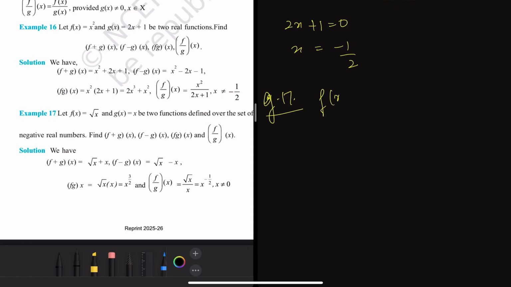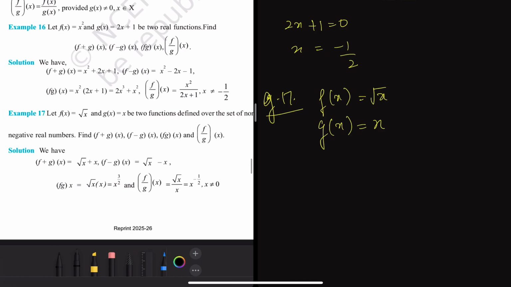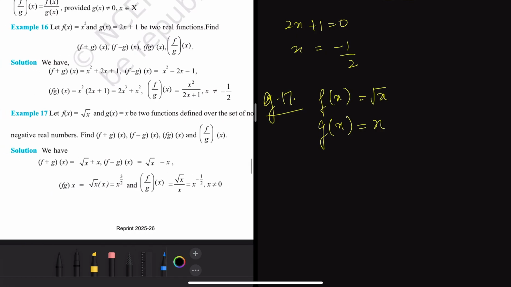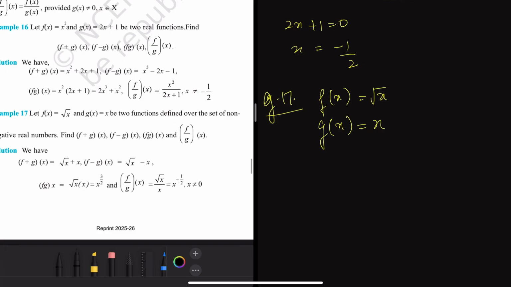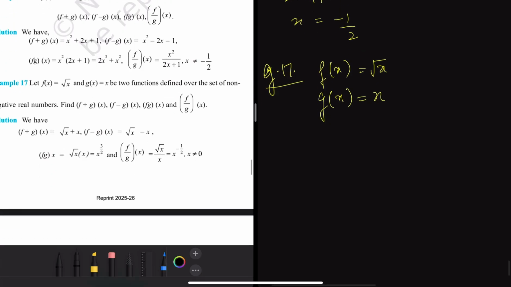Okay, moving on to example number 17. Here we are given f of x is under root x and g of x is x. These two functions are defined on non-negative real numbers. Non-negative real numbers obviously comprise whole numbers in a way. Then again we have to find all the functions.